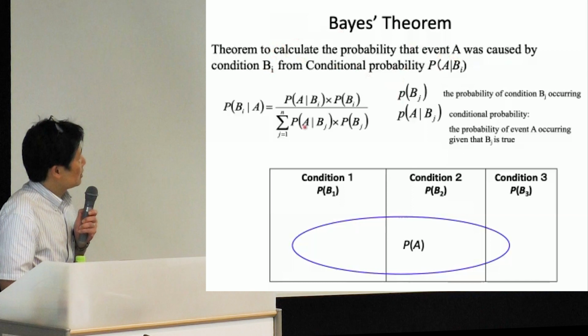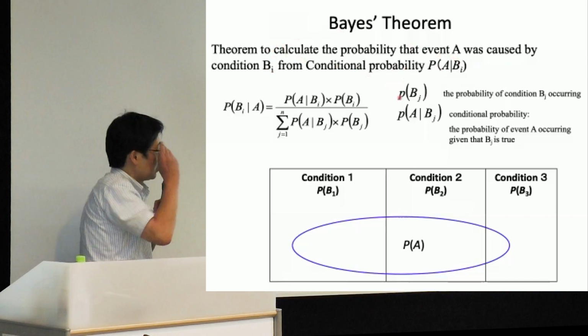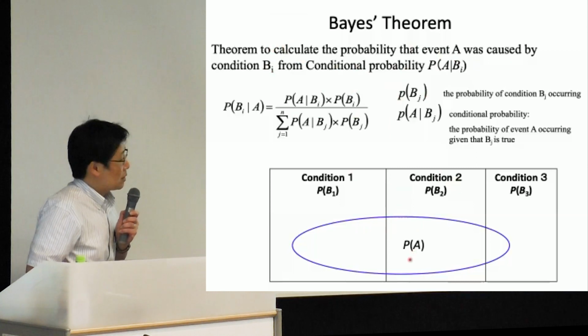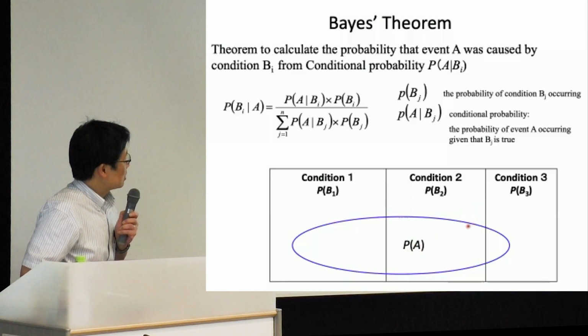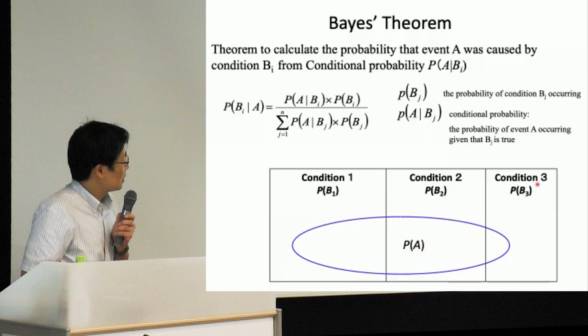And the equation is expressed like this. So here, this is a diagram of this situation. Okay, and now we know the result, event A, and the possible causes. There are three conditions. Let's say condition 1, condition 2, condition 3.